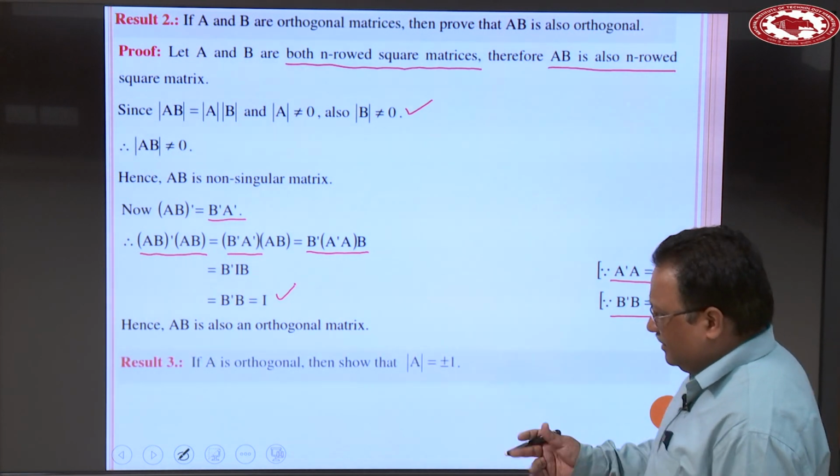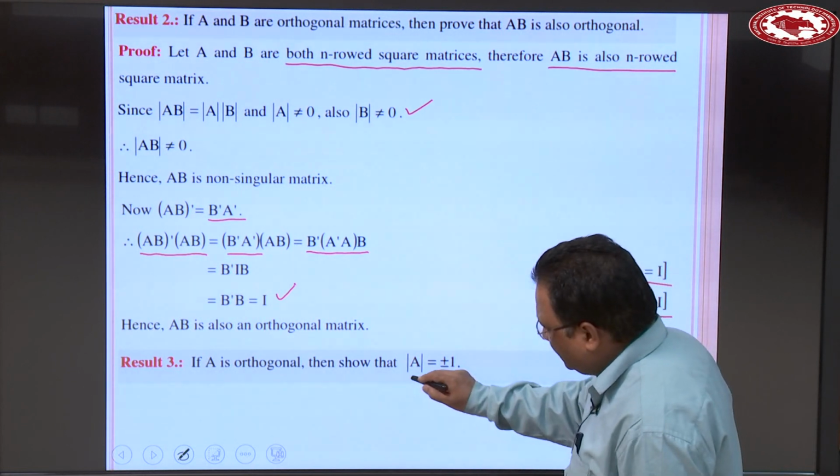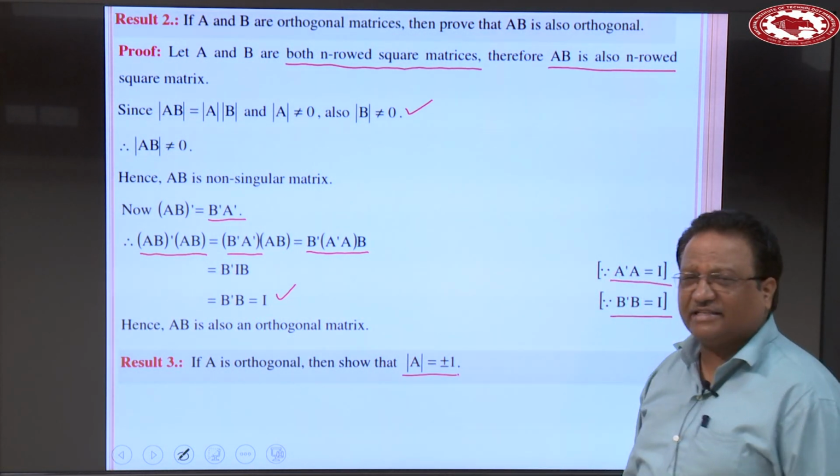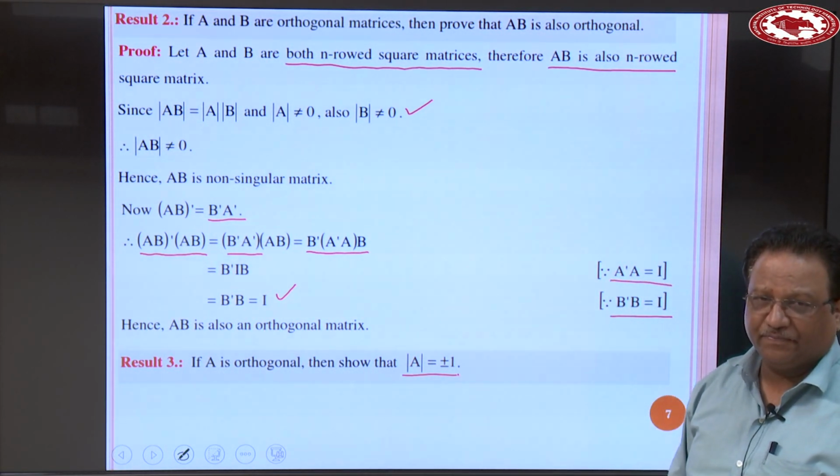Now, one more result, and this one is important. If A is orthogonal, then show that determinant A is equal to plus minus 1.